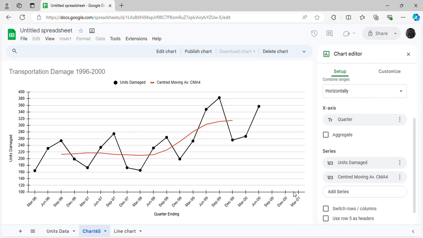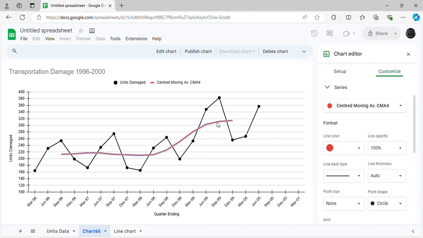Okay, so what we want to do is add the data points in this centered moving average. So let's show the point, increase the point size to 7px, and we also want to put the legend on the right.